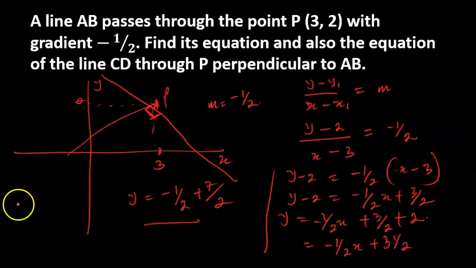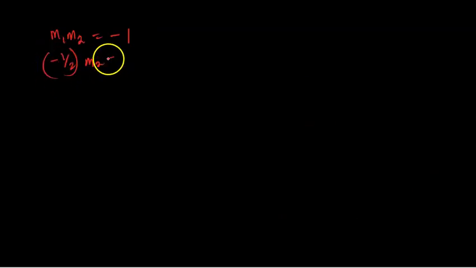Now from my last explanation, you know that the product of the gradients M1, M2 should be equal to -1. So the gradient of the first line, we've been told, is -1/2. So we can calculate the gradient M2. That means minus half into M2 should be equal to minus 1. M2 negative should be equal to minus 2. Now this cancels. M2 should be equal to 2.